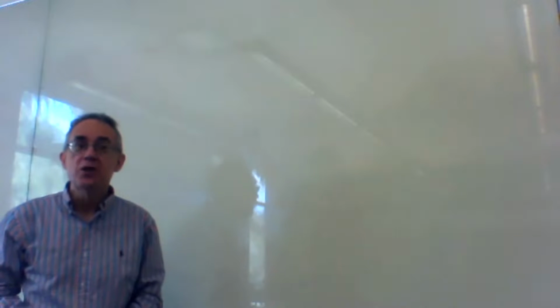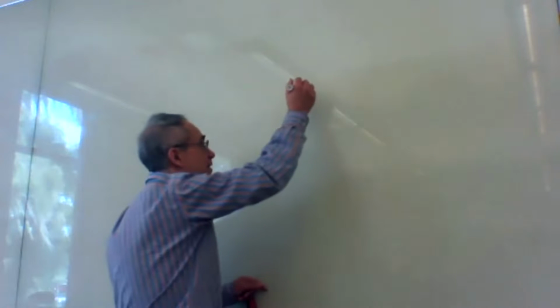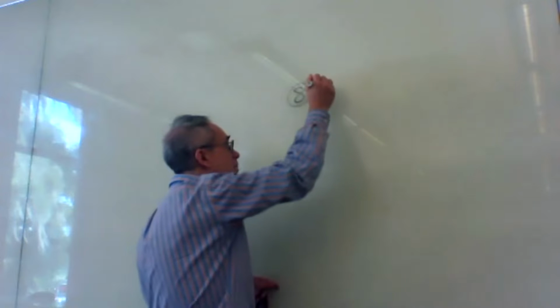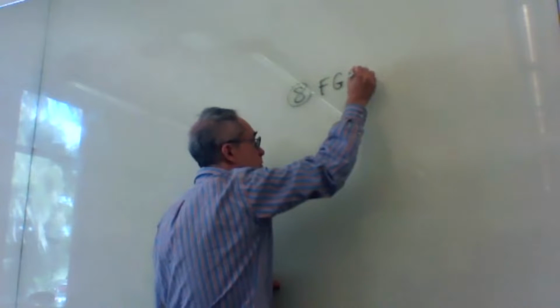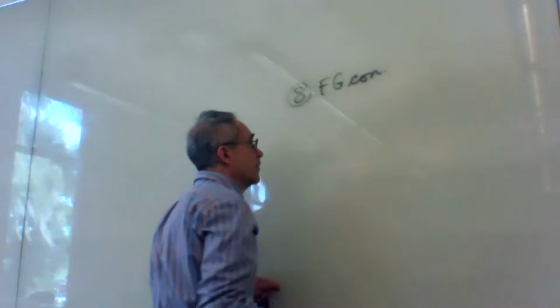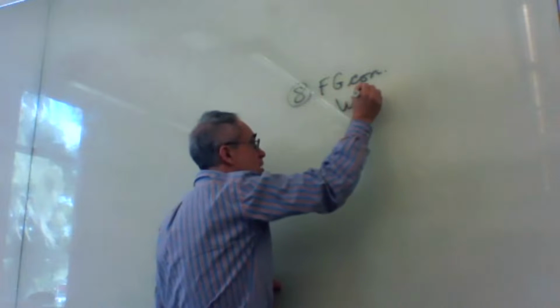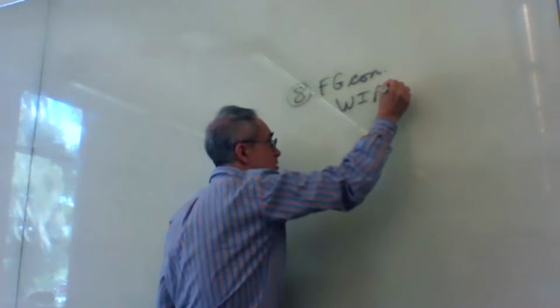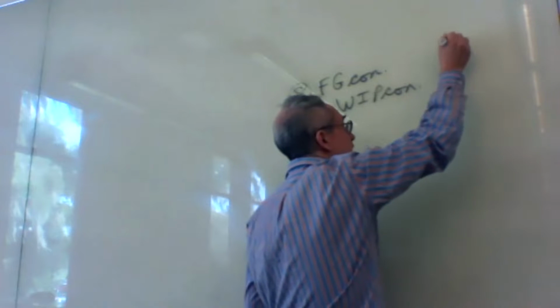Out with the old work in process, in with the new finished goods. So here in journal entry 8, I'm going to debit that finished goods account, finished goods control if you like. I'm going to be crediting or reducing work in process. The amount is $18,000.